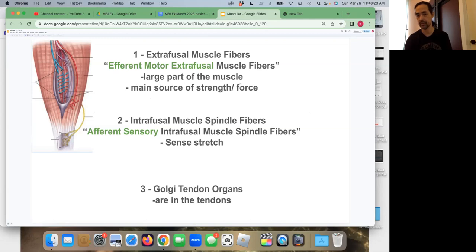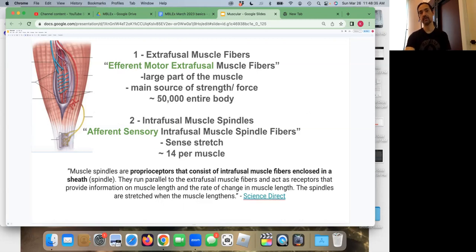They are the main source of strength. They are the main source of the force. Let's see what's on the next slide. Just to give you some context, there's 50,000 of them in the entire body, 50,000 muscle cells in the entire body.